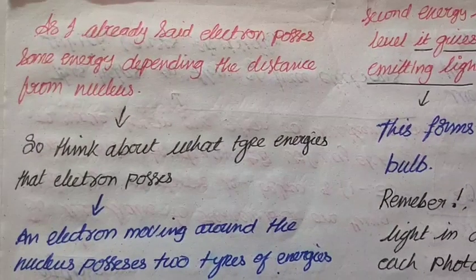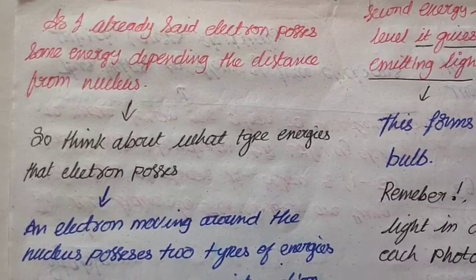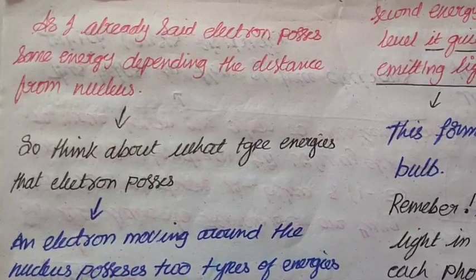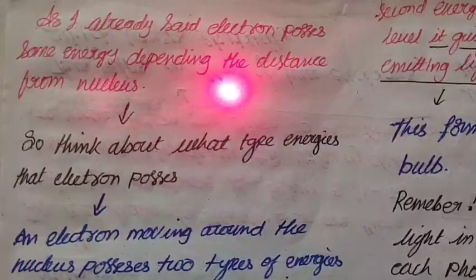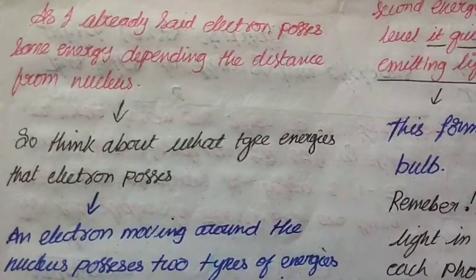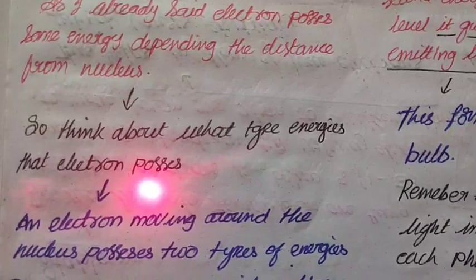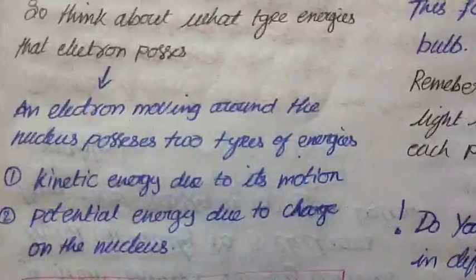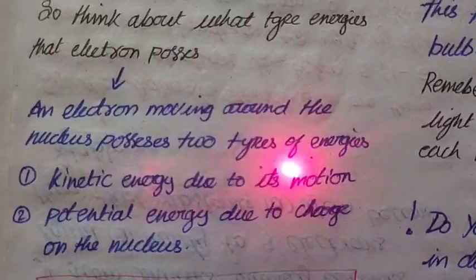In the previous class I already discussed the electrons and electricity. So let's continue our class. As I already said, an electron possesses some energy depending on its distance from the nucleus. So think about what type of energy that electron possesses. An electron moving around the nucleus possesses two types of energies.